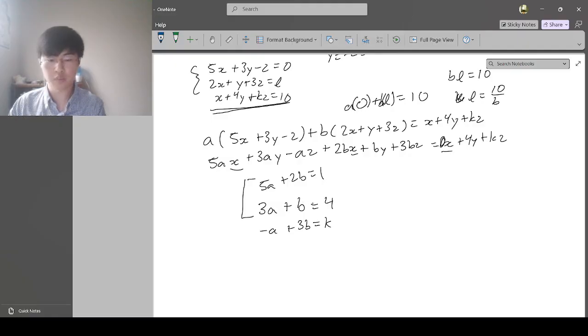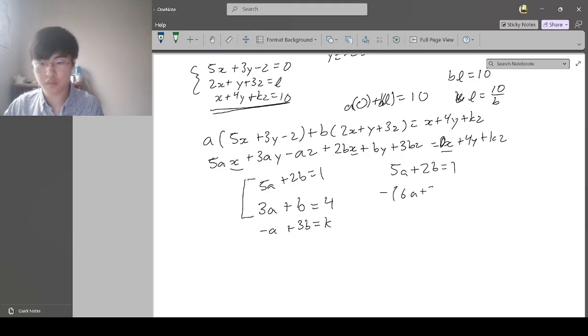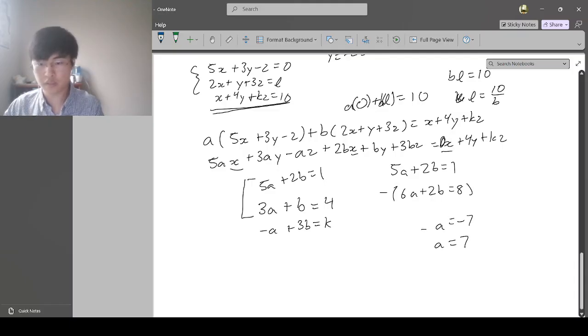So in this case, I can just double 3a, for example, here. And then we get -7 and then -a. So in other words, we have a is equal to 7.